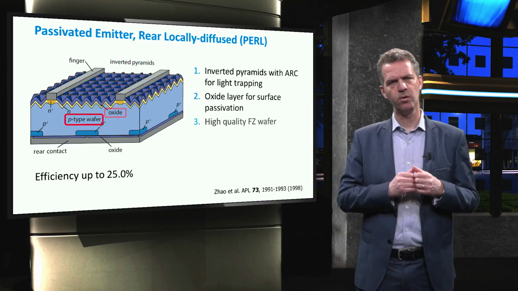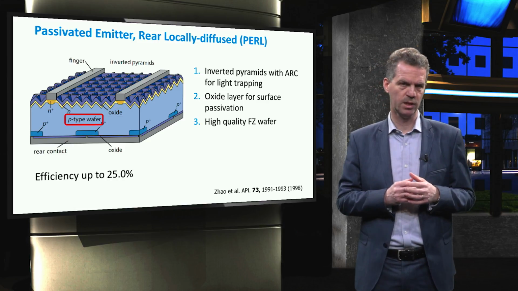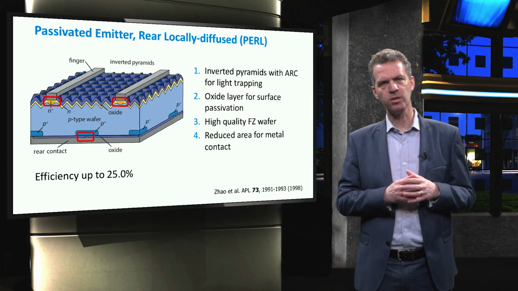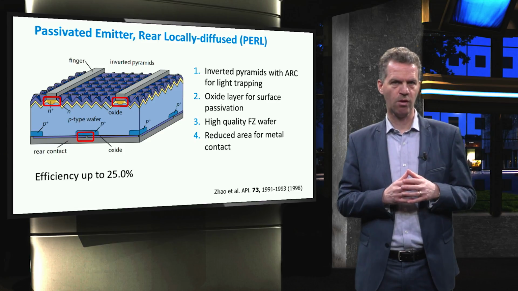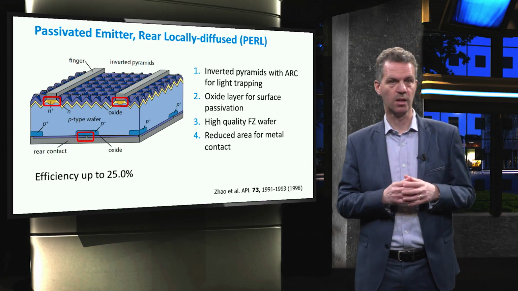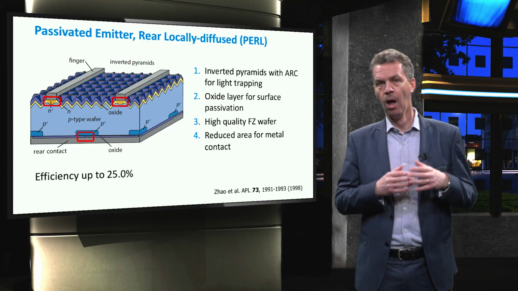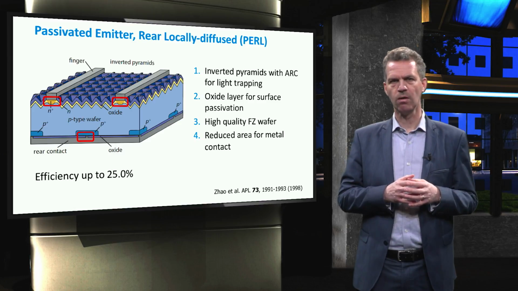The highest purity grade float zone wafer has been used to reduce bulk recombination. And a very fine front metallization is deposited using photolithography to reduce the coverage of the front surface and thereby shading losses, leading to an increased short circuit current density. On top of that, the fine metallization grid results in an increase of the fill factor.